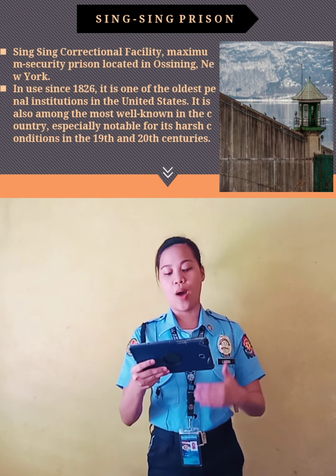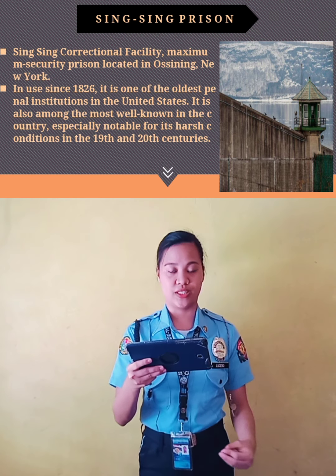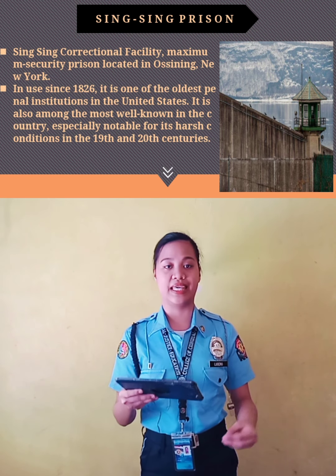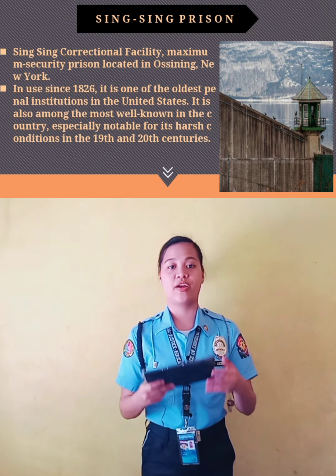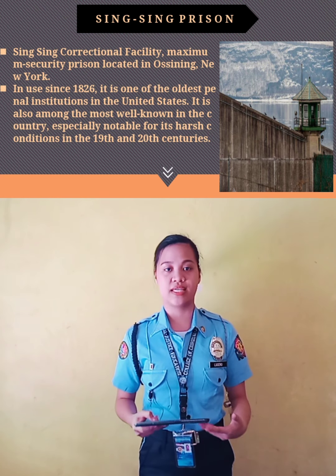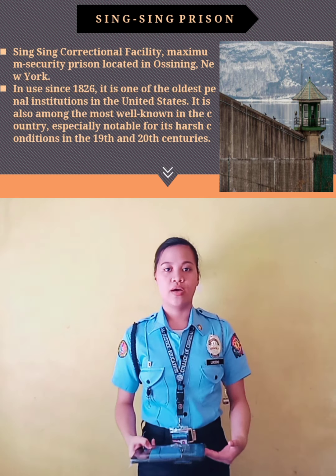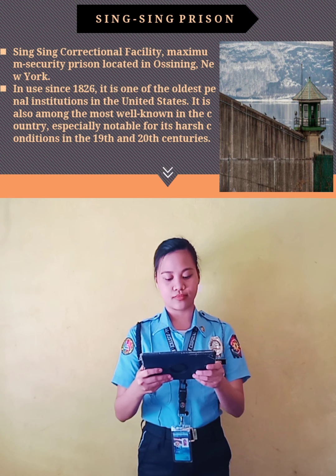It is also among the most well-known in the country, especially notable for its harsh conditions in the 19th and 20th centuries. So Sing Sing Prison is very well known in the United States because of its harsh conditions way back in the 19th to 20th centuries.